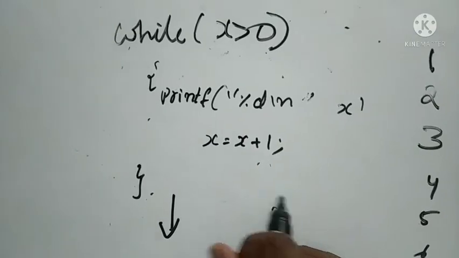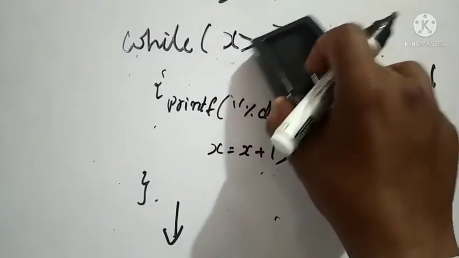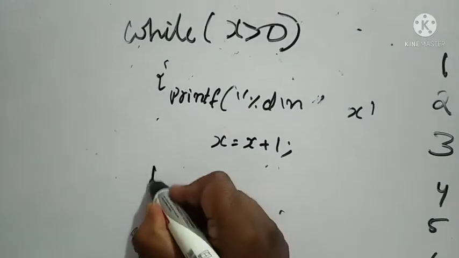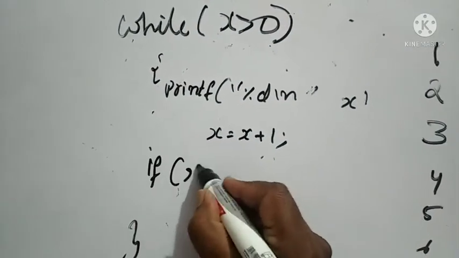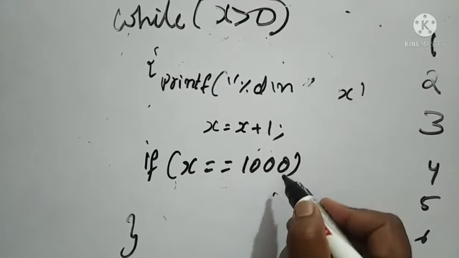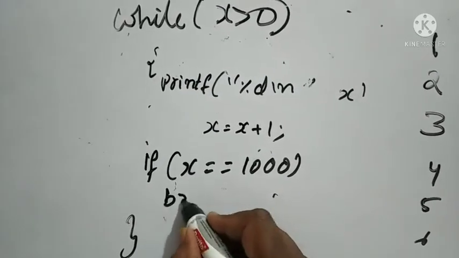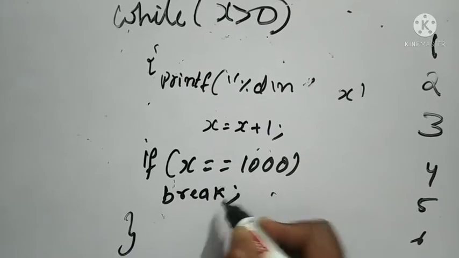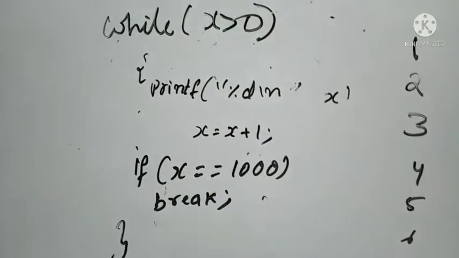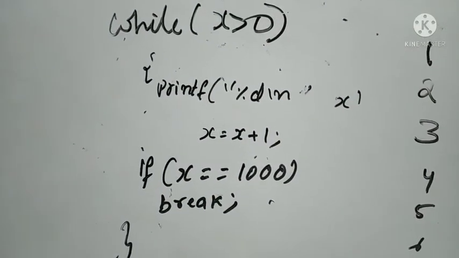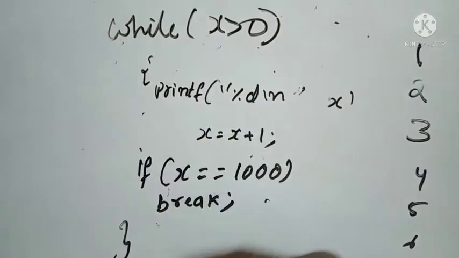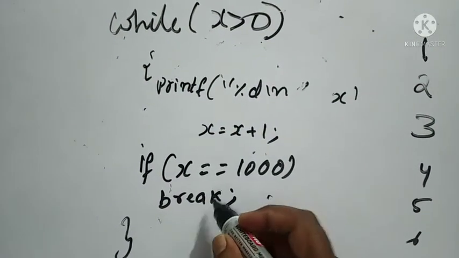Instead of using a proper condition, I can use if the value is equal to 1000 or 10,000, then break. Using this break statement I can come out of the loop, even though the condition is still satisfied.